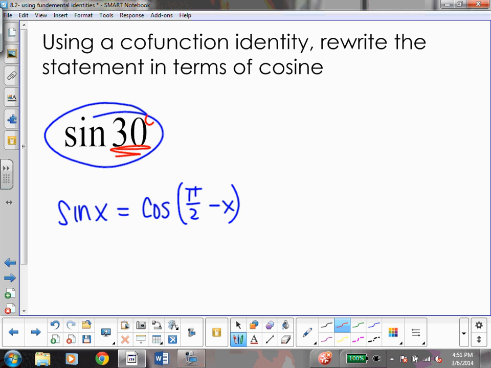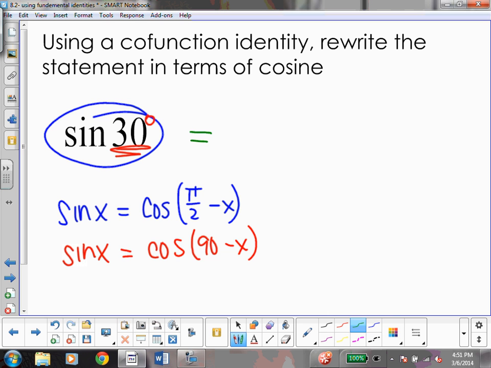Since I have 30 degrees, I'm going to think of this a different way, because again, 90 and pi over 2 are the same measure, just in different units.